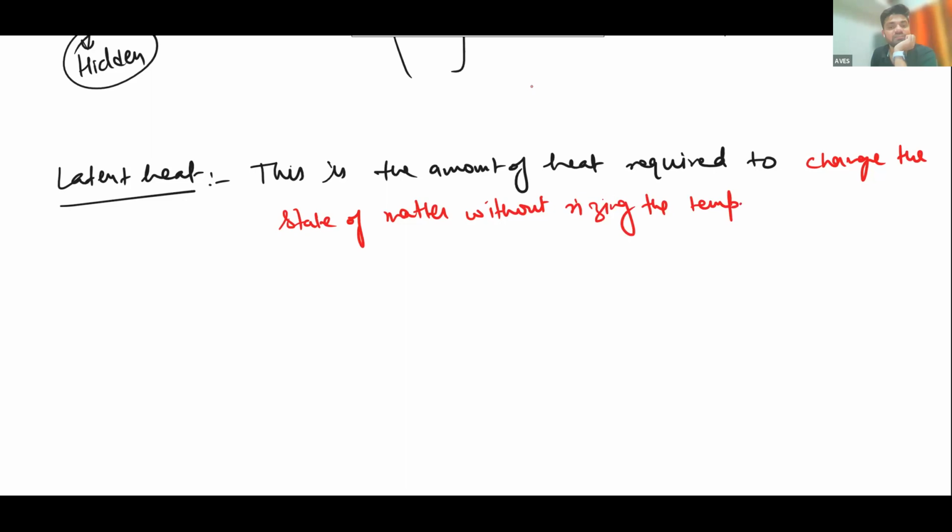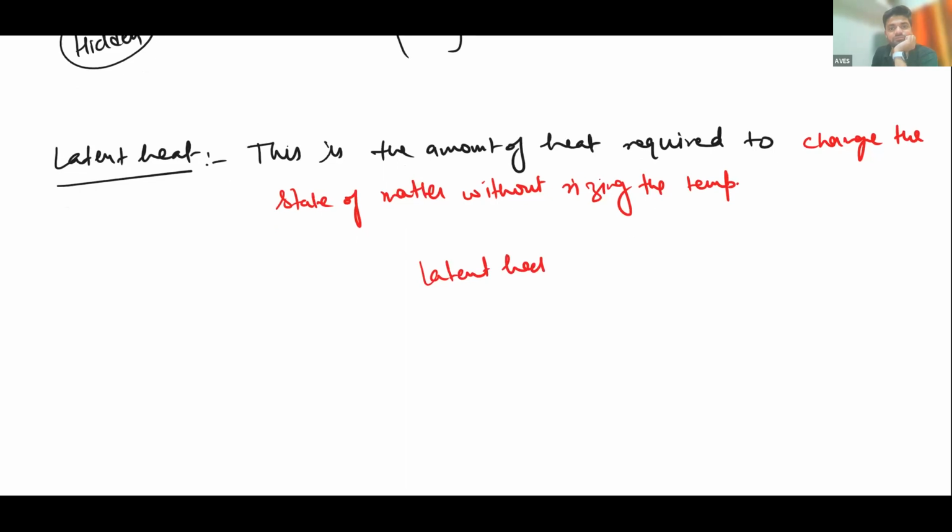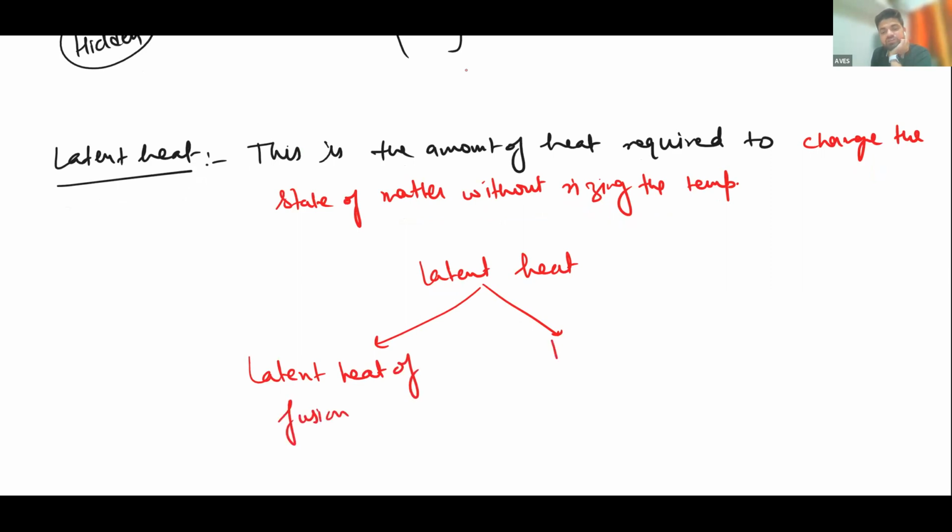So what I'm saying here is that latent heat is of two types. Note it down. The first is latent heat of fusion, and the second one is latent heat of vaporization.